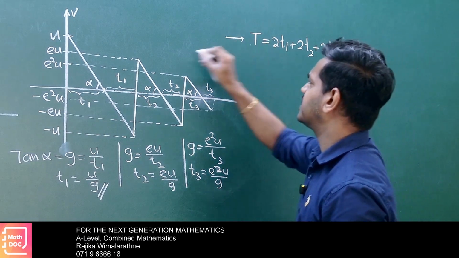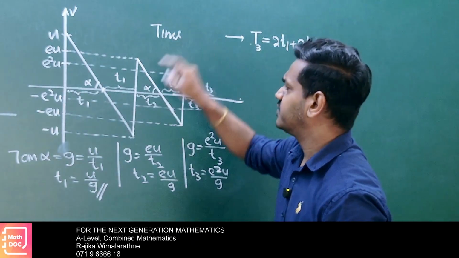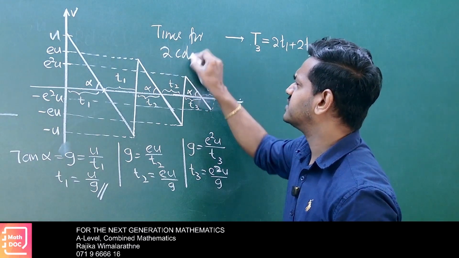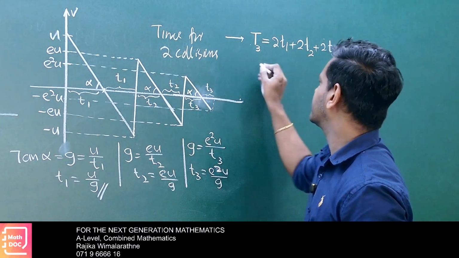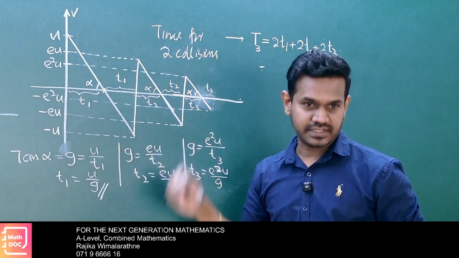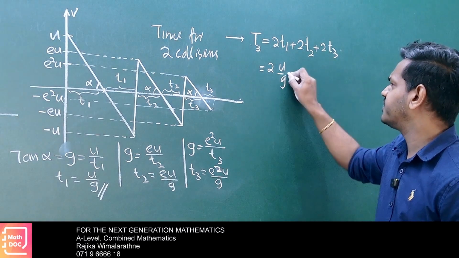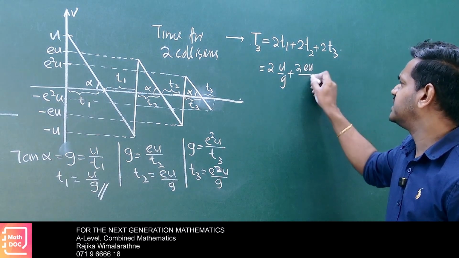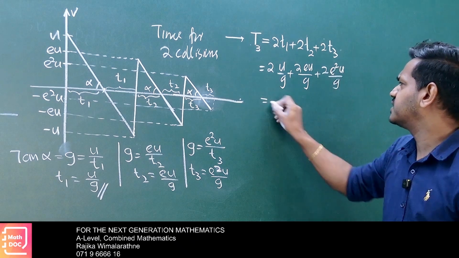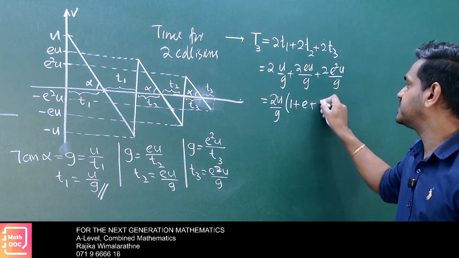Here time for three collisions. Time for two collisions. Then here t1, 2t1, t2, 2t2, likewise. Then 2t1 equals 2u over g, 2eu over g, 2e squared u over g. Then you take 2u over g outside, then it becomes 1 plus e plus e squared. No?